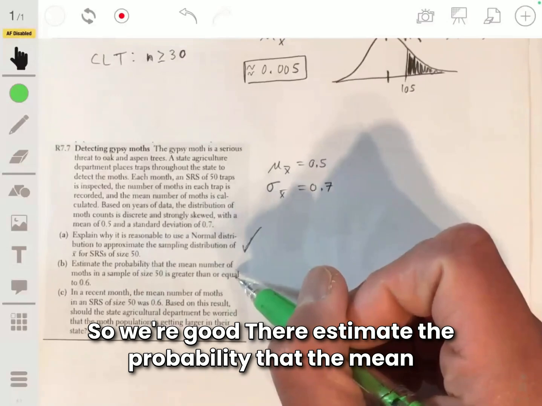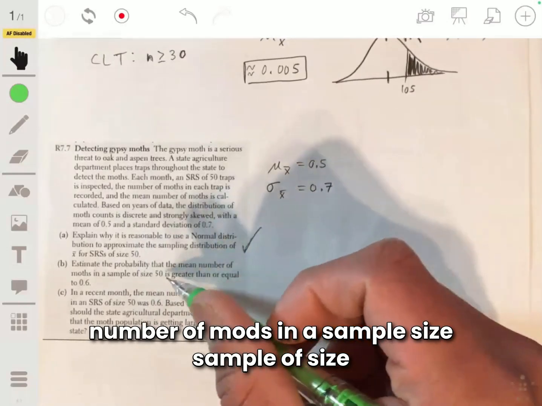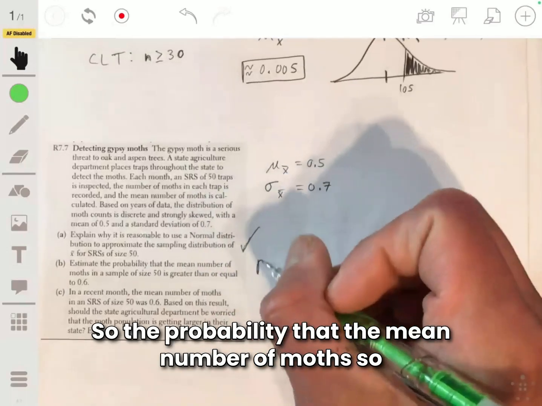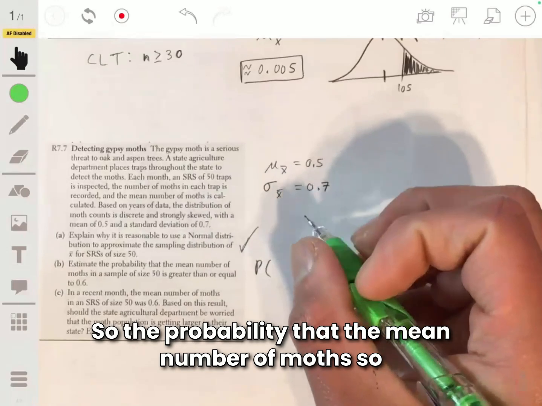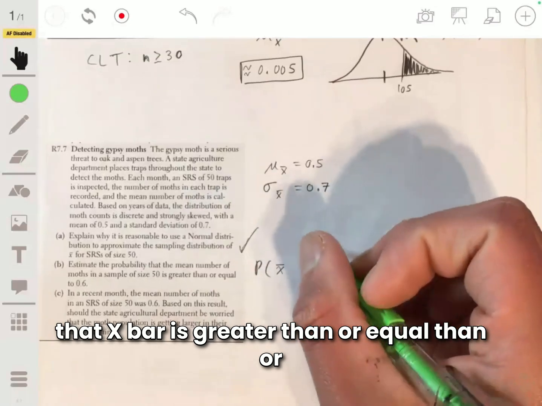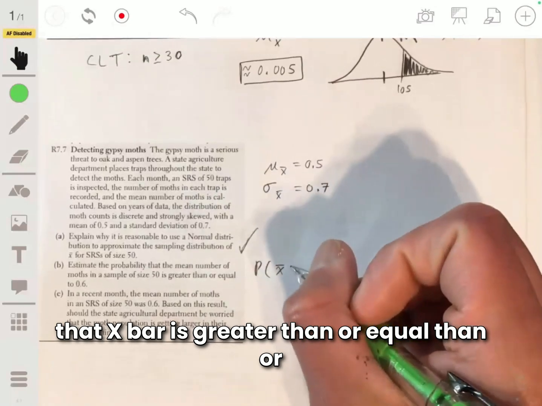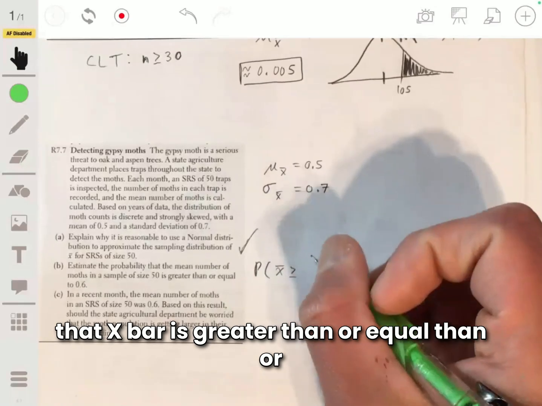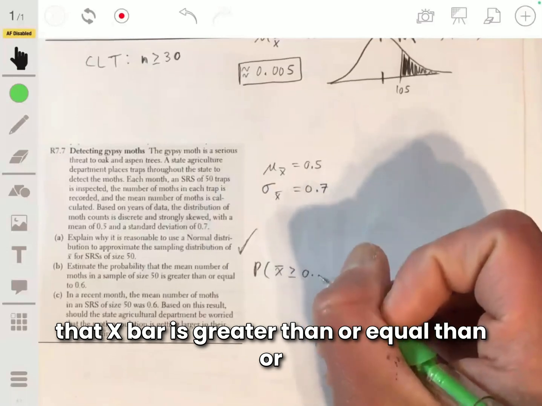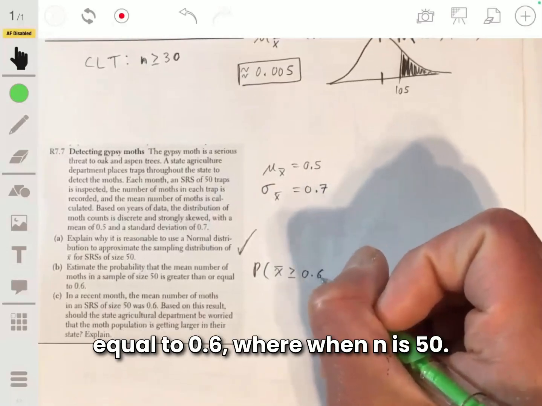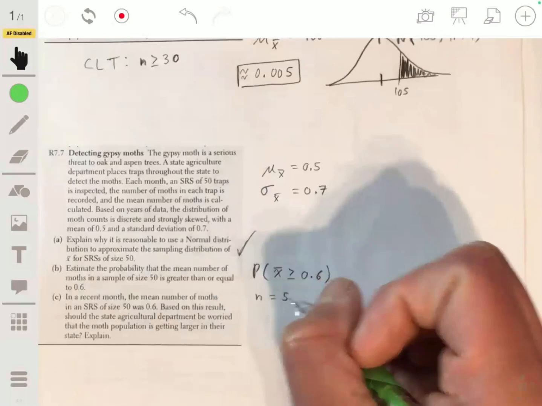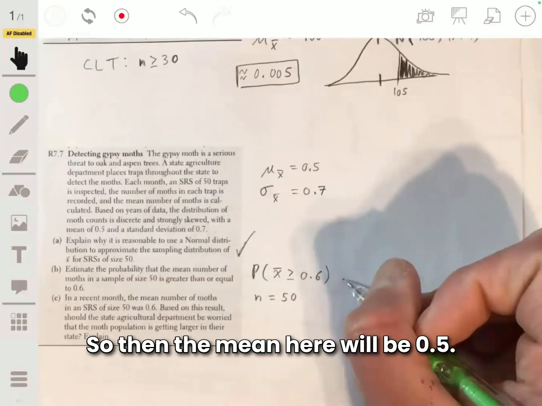Estimate the probability that the mean number of moths in a sample of size 50 is greater than or equal to 0.6. So the probability that X bar is greater than or equal to 0.6, where n is 50.